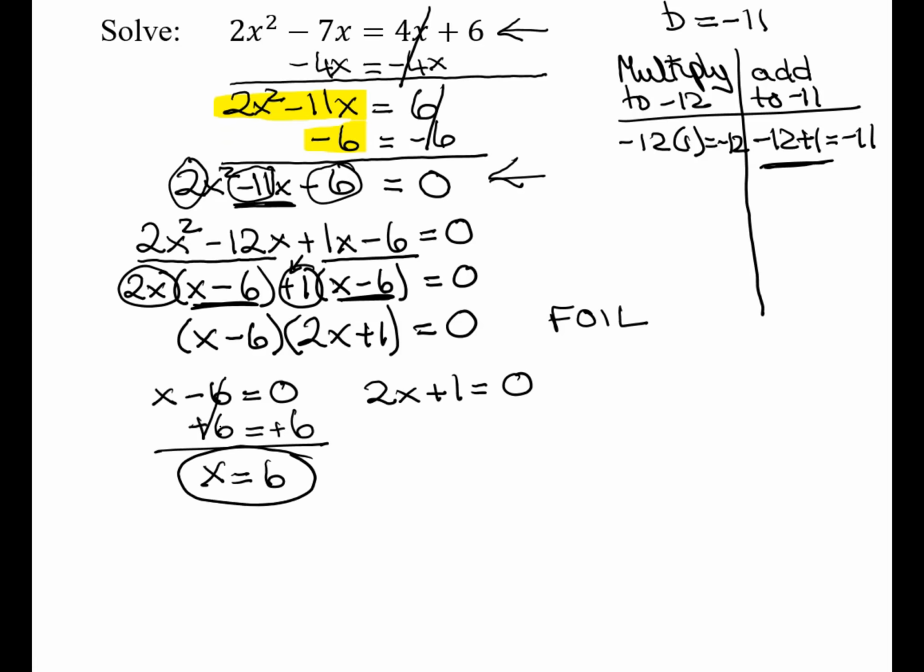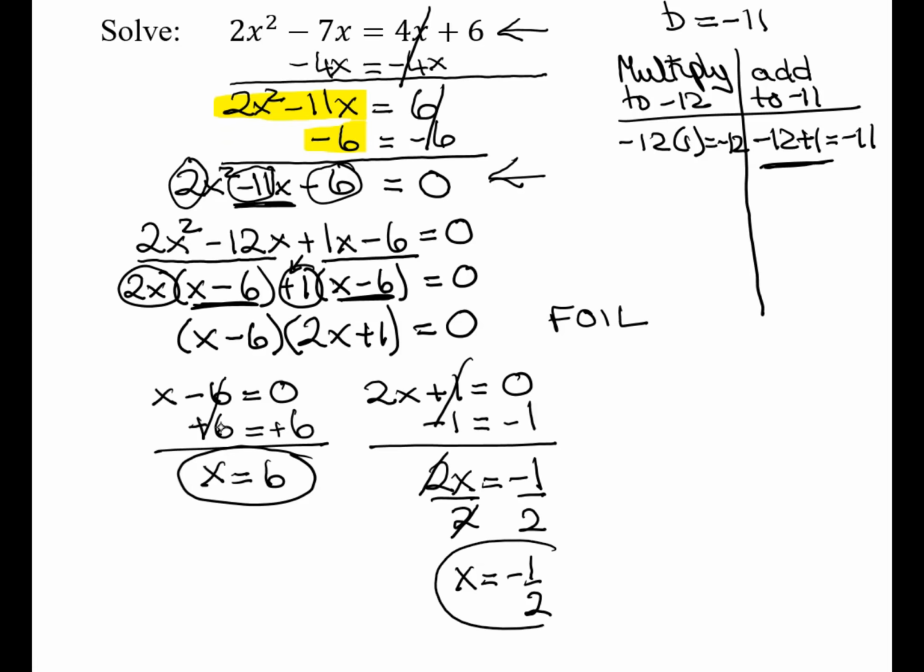That's one solution. The second simple linear equation, subtract 1 from both sides. So I get 2x equals negative 1. Divide both sides by 2. I get x equals negative 1/2. And there's my second solution. It was a quadratic equation, degree 2, so we expect two solutions. Here they are, my two solutions.